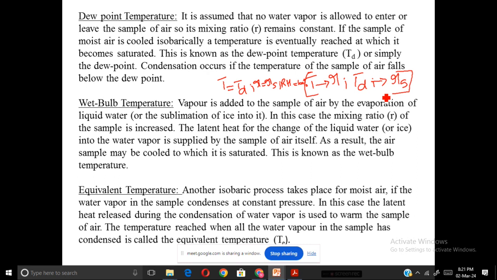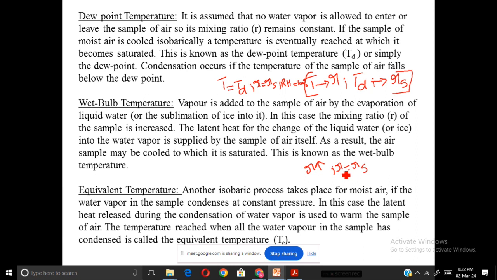We have a sample of air and we are constantly adding more water vapor to the sample by evaporation of liquid water. In that case, the mixing ratio is not constant because we are adding more water vapor. So R is increasing, and at one particular point, R will become equal to RS.